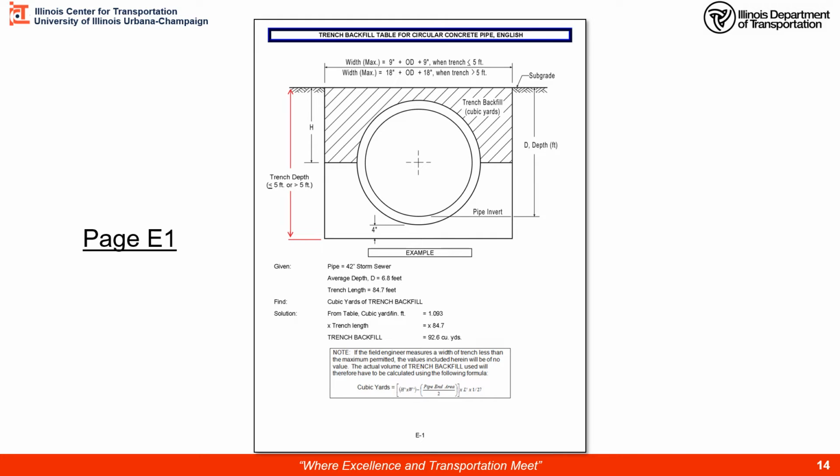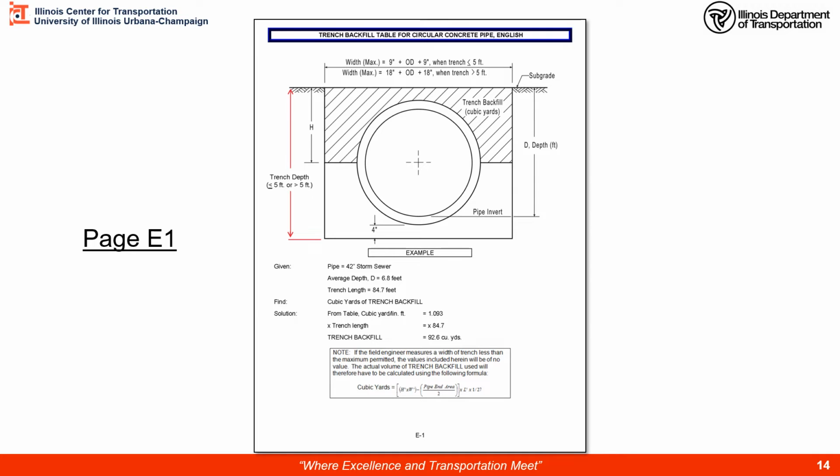This width max is a little bit of a misnomer. It should probably be renamed maximum pay width of trench. The trench can be wider, but that is the maximum width we will pay. Now, if the trench is more than 5 feet, you're probably going to have some sort of protection included in there to protect the trench from collapse and protect the workers.